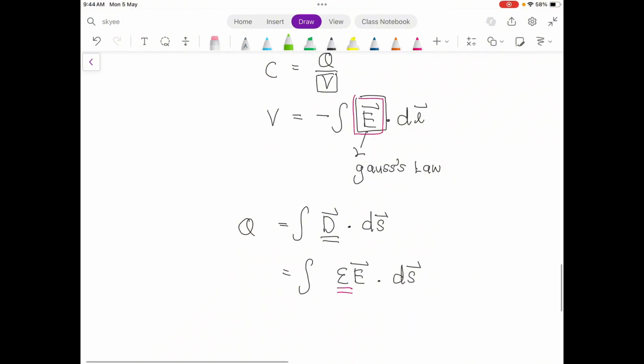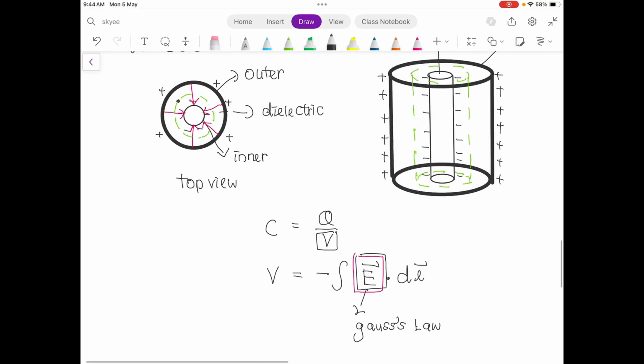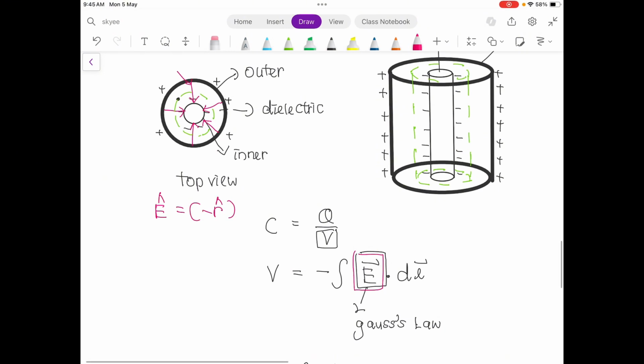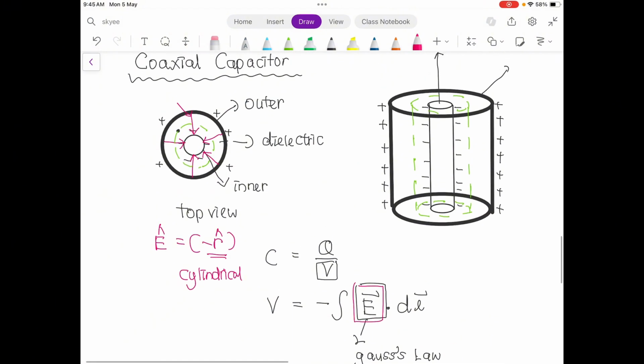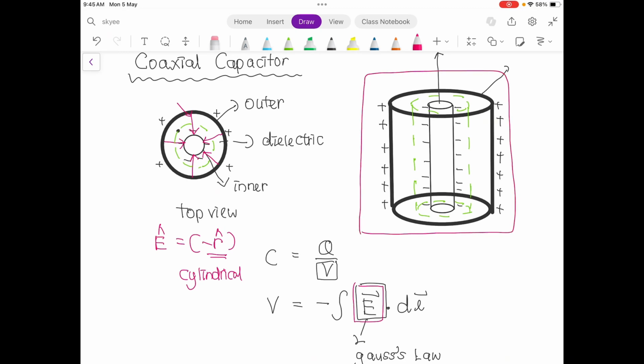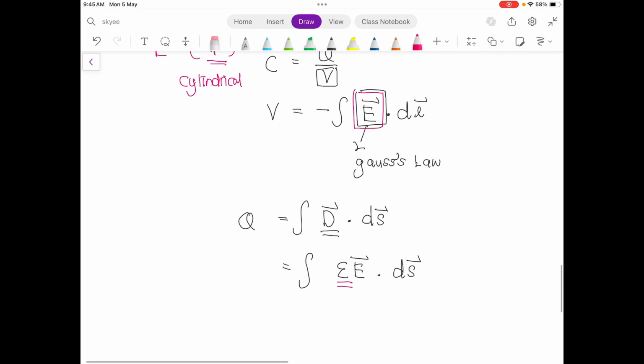Now you have to determine the direction of your electric field, by looking at the red arrow over here. You can see that the electric field is in the negative r direction. In this case, I will pick the directions from the cylindrical coordinate system, because the structure of this coaxial capacitor is cylindrical.